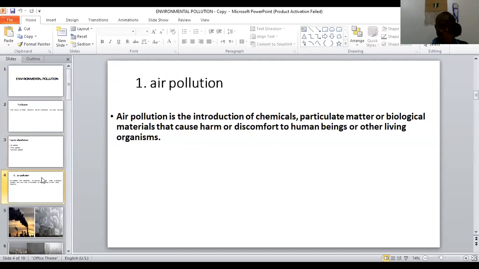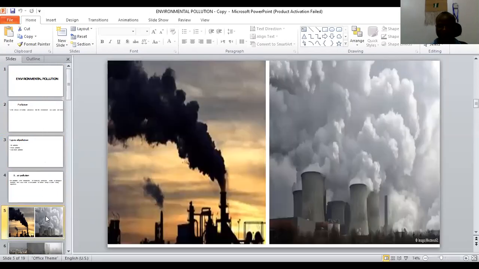We started with air pollution, which means the introduction of chemicals or particulate matter or biological materials that can cause harm or discomfort to human beings or other living organisms. Look at this image. You see how the environment here is being polluted, and the kind of pollution you see here is air pollution.